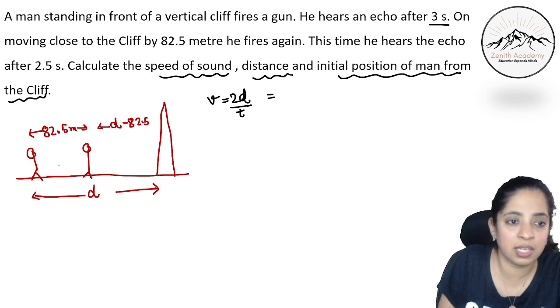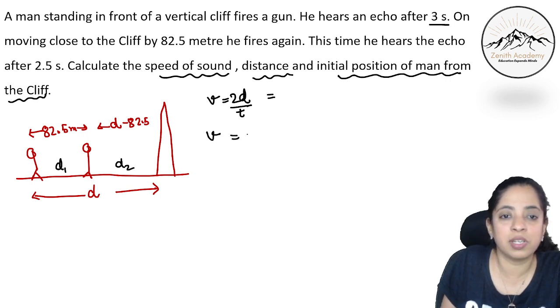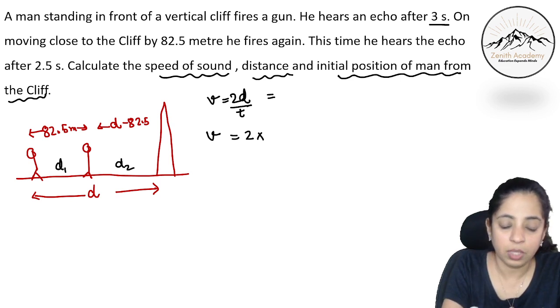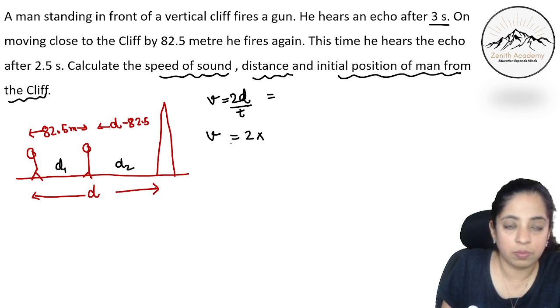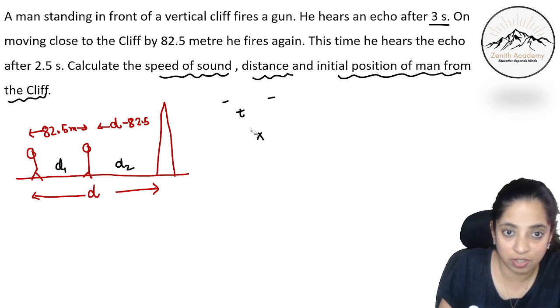If I take this distance as d1 and this distance as d2, the first distance we know. I will just rub this and write it again, because of my cold, I got really confused.